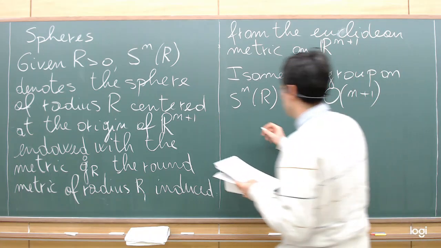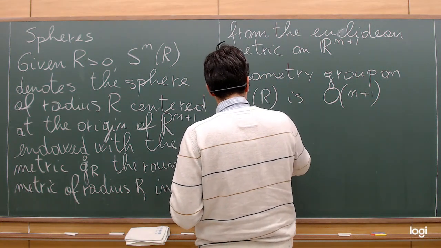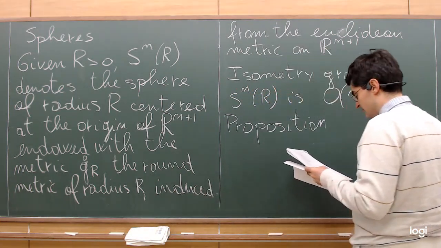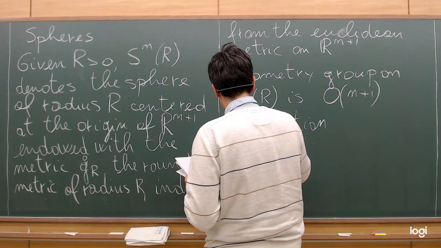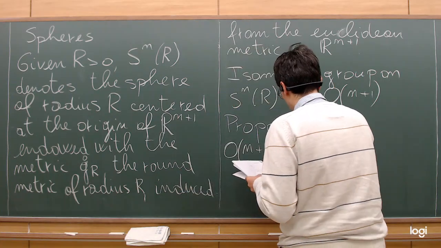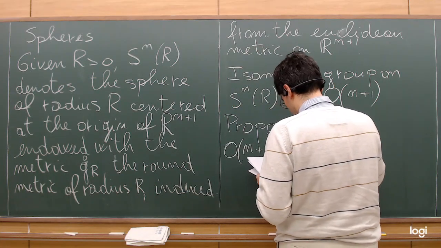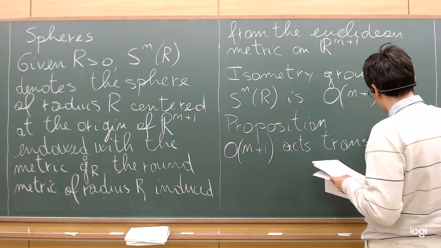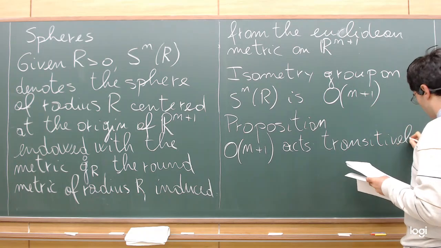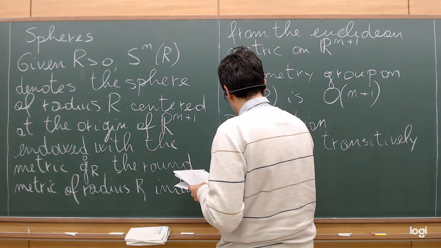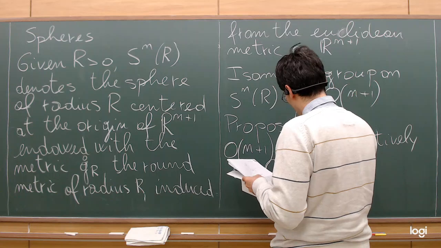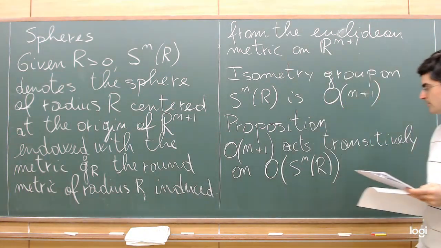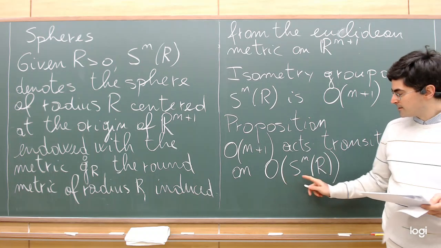It's possible to prove that O(n+1) acts transitively on O(S^n_R). Do you remember what O(S^n_R) means?